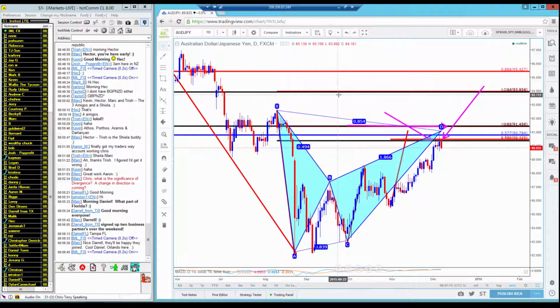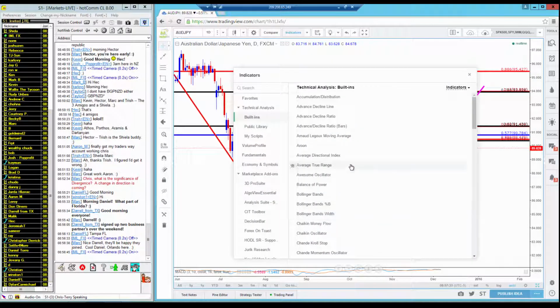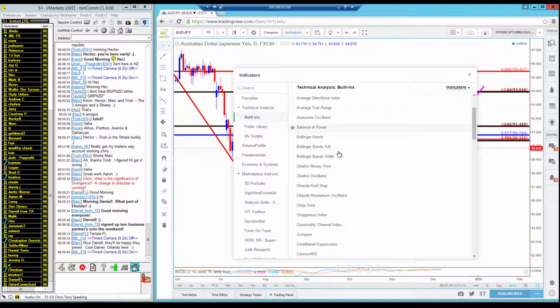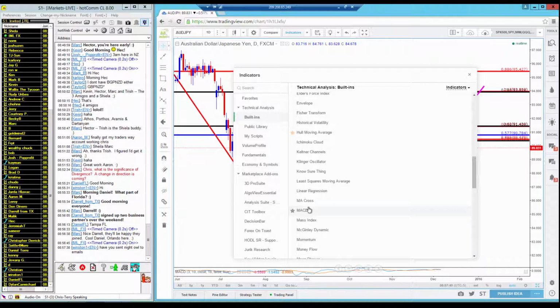But what we're doing right now is we're doing a little class. All right. We showed you how to do this on the MetaTrader 4, just put the MACD, and I'm going to show you how to do it on TradingView. Right click, insert indicator. All right, we're looking for the MACD. MACD right here.